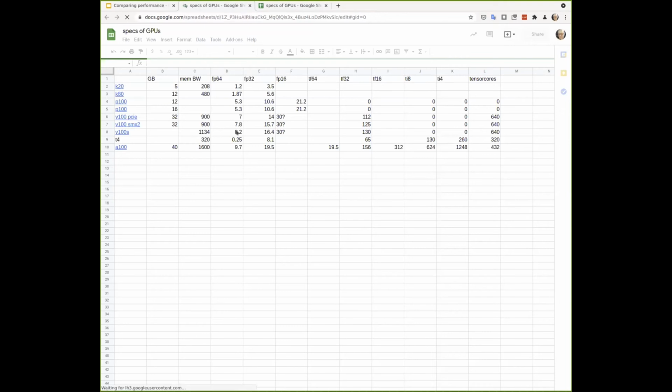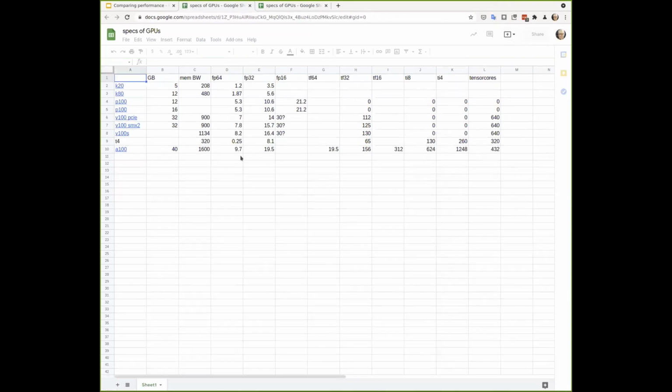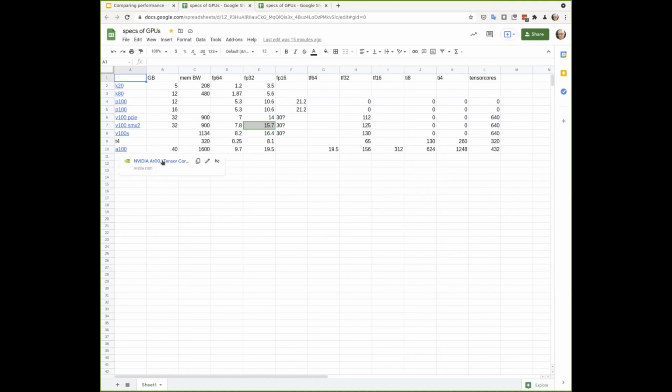For GPU specs, like I said, the topic is quite complicated. I thought it best to just show the spreadsheet I have. This is a spreadsheet of all of the GPUs we have available within Compute Canada. I suppose I can share this publicly.